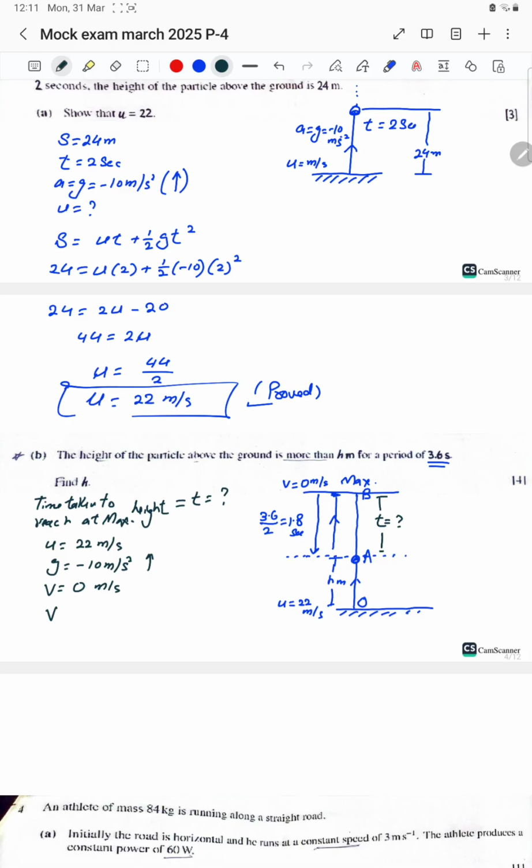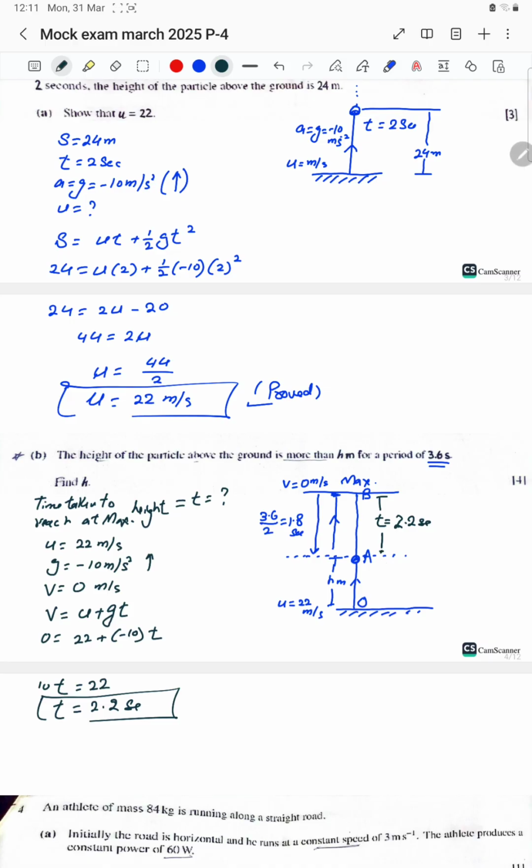So the first equation of SUVAT, v is equal to u plus at, becomes 0 = 22 + (-10)t, where u was 22, g is minus 10, and t we have to calculate. So with the calculator, 10t = 22, t will be 2.2 seconds. So this is 2.2 seconds, the time to reach the maximum height. Now we need to find the time above h.